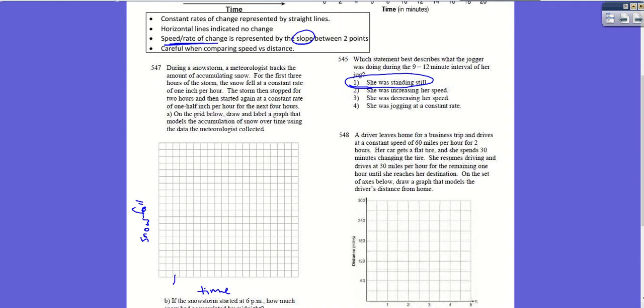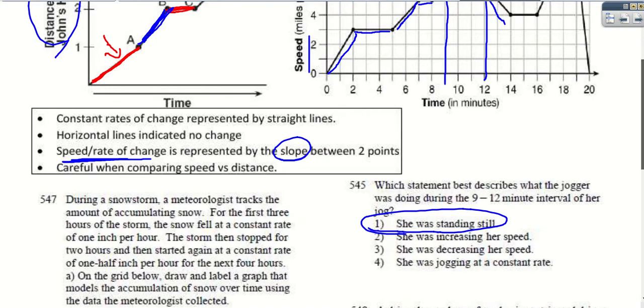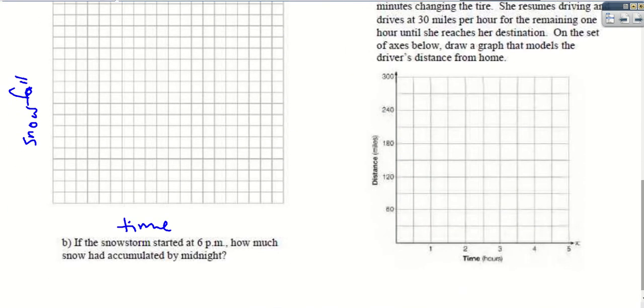So I could theoretically go every other one here. So that's 1, 2, 3, 4, 5. You don't necessarily need to do the lines on the graph like that, but we can indicate with numbers.